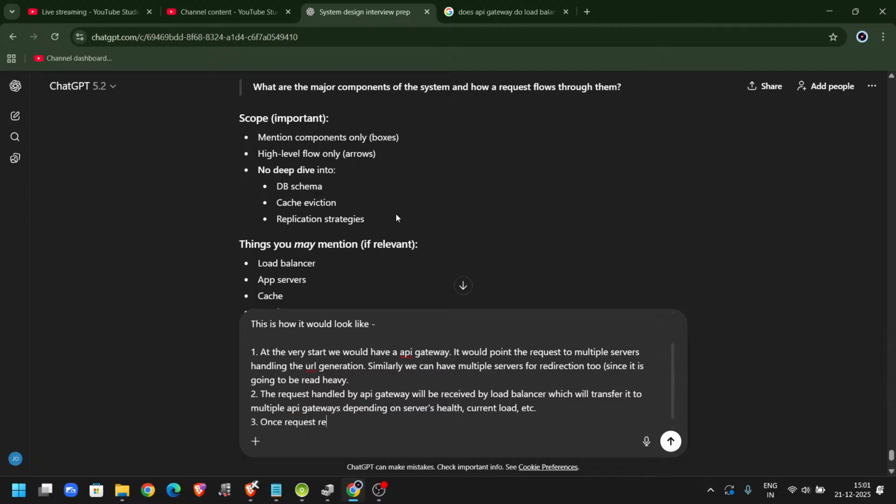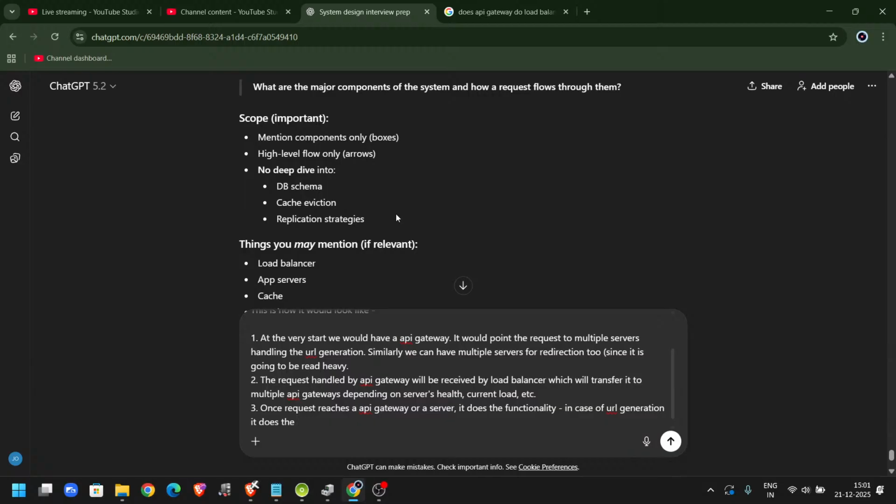Once a request reaches a gateway or a server, it does the functionality. In case of API URL generation, it does the computation and makes changes to the DB.